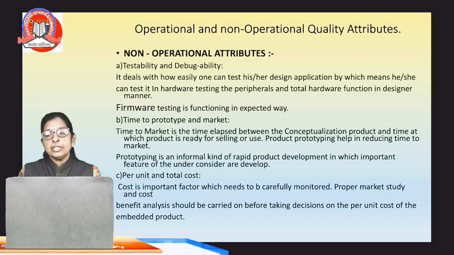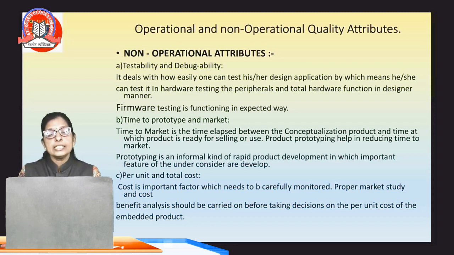It includes hardware testing, where the peripherals and total hardware function in the designed manner, and firmware testing, where it functions in the expected way.